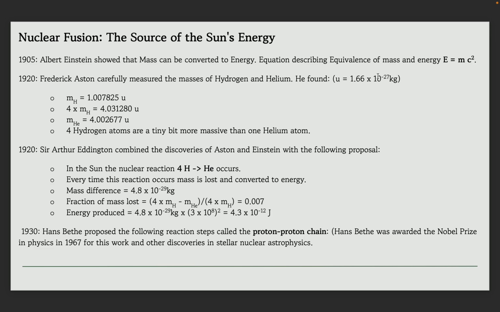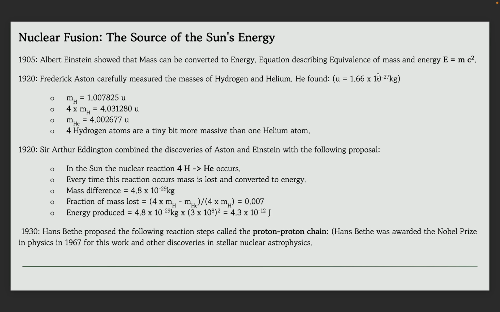In atomic units, the mass of hydrogen is 1.007825 units, and 4 hydrogen atoms have a mass of 4.031280 units. One helium atom has a mass of 4.002677 units. So if 4 hydrogen atoms fuse to form a helium atom, the 4 hydrogen atoms are a tiny bit more massive than the helium atom.